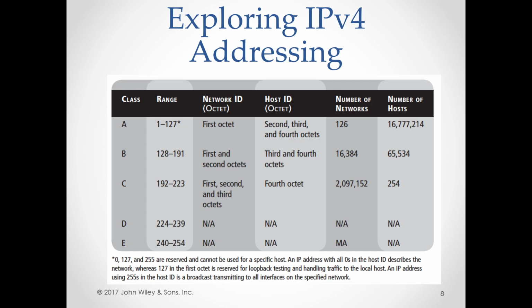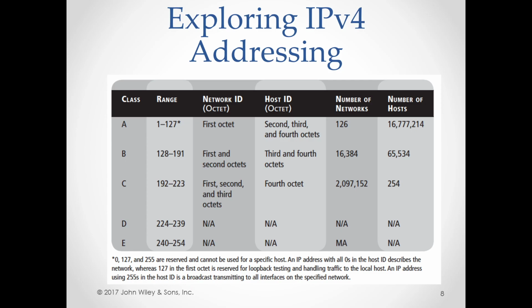If we take a look back, we have our Class A, Class B, and Class C. Understand that for the most part, we're not going to deal with Class D and Class E. Class A IP addresses in that first octet will range from 1 to 127.